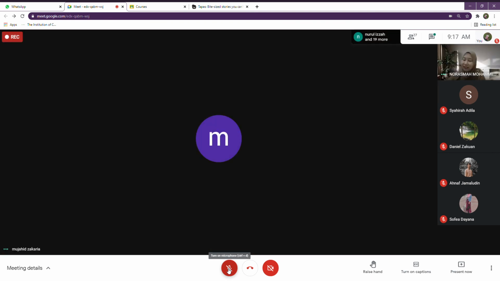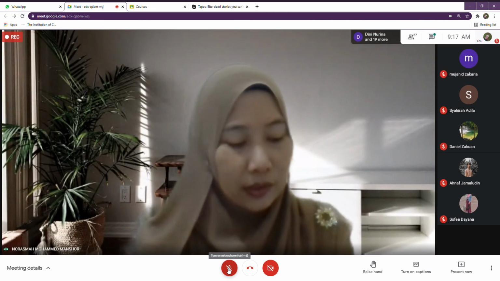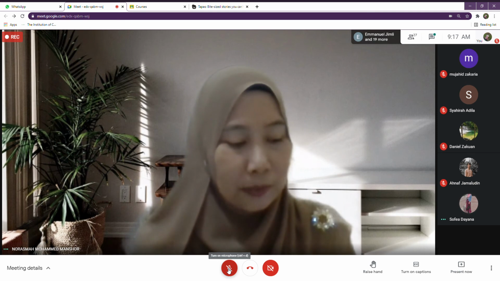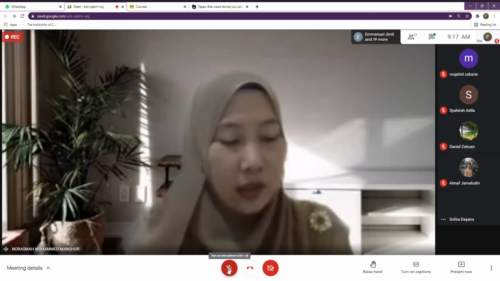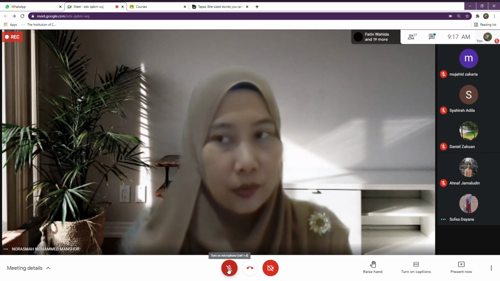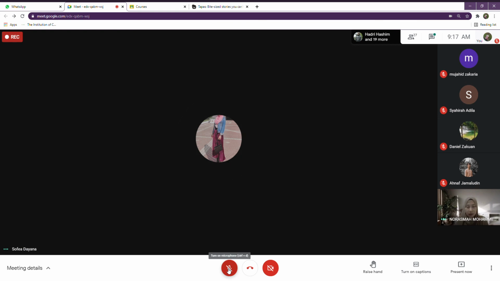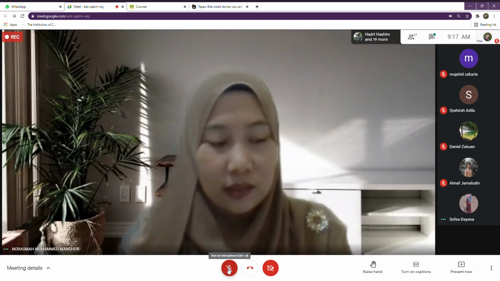Cuba you baca soalan. A mixture contain equimolar amount of benzene, toluene and ethyl benzene. So apa maksud equimolar? Sama between all. Equal mole fraction.